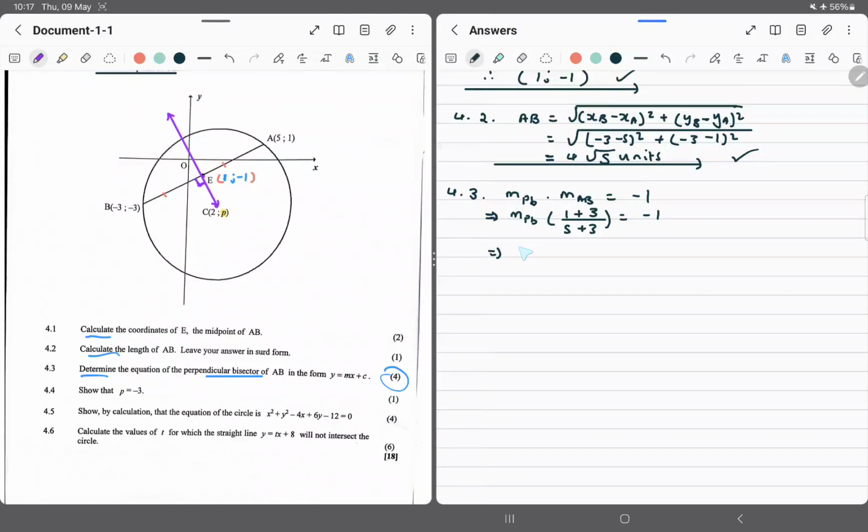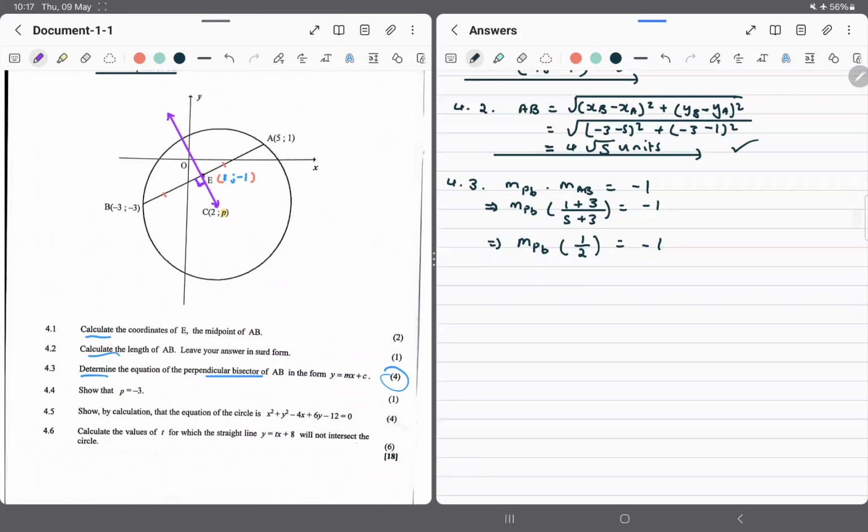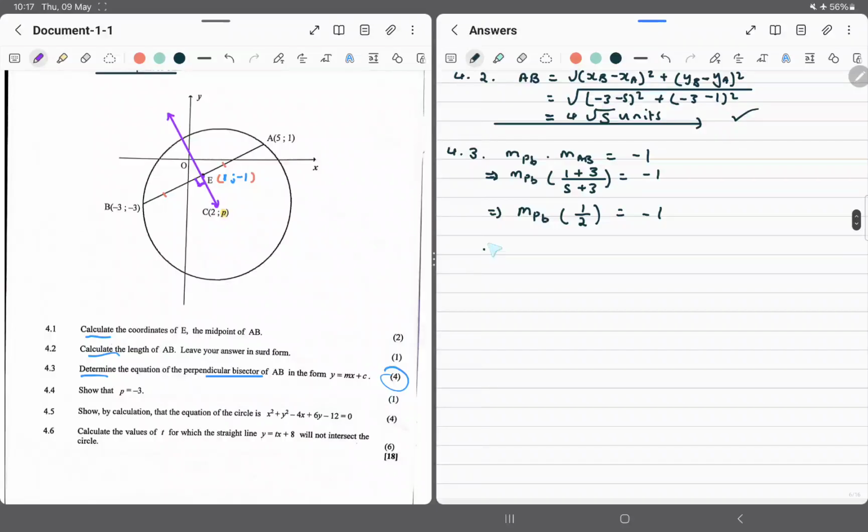Now this implies that we've got the gradient of the perpendicular bisector times 4 over 8, which is 1 over 2, which is equal to -1. Now we can say therefore the gradient of our perpendicular bisector, flip this, is going to be -2.